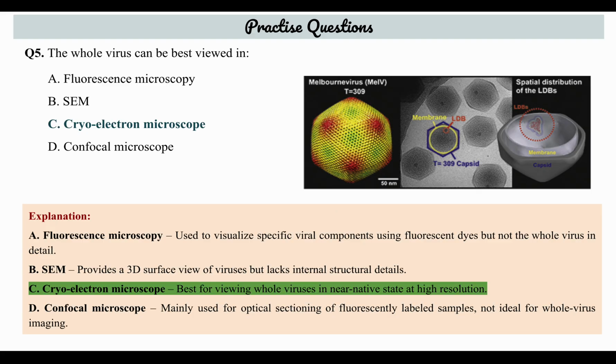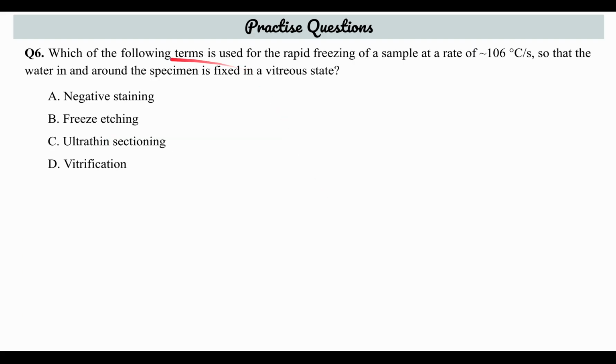Okay, so now let's move to the next question. Which of the following terms is used for the rapid freezing of a sample at a rate of 10 raised to power 6 degrees per second, so that the water in and around the specimen is fixed in a vitreous state?